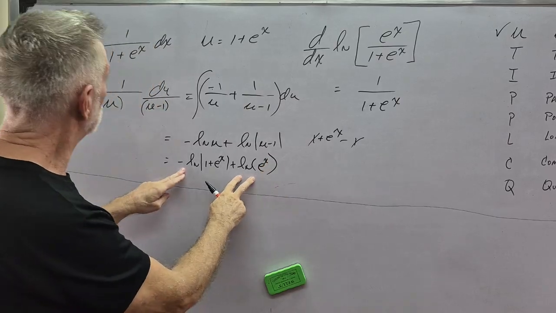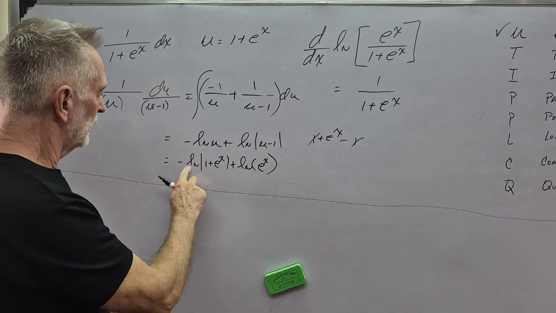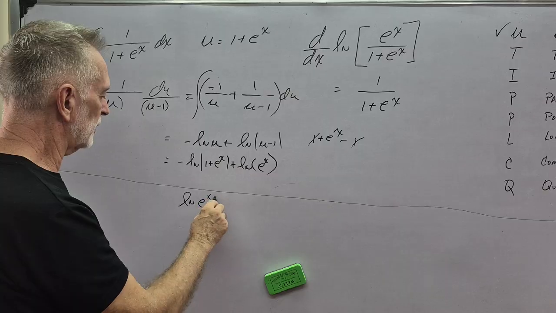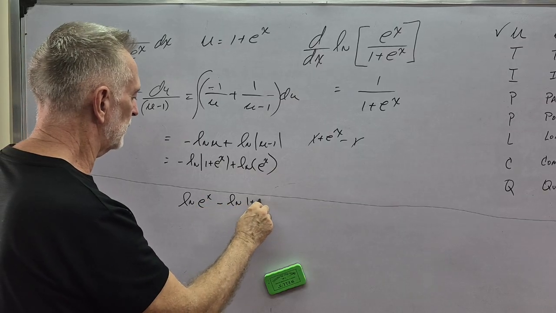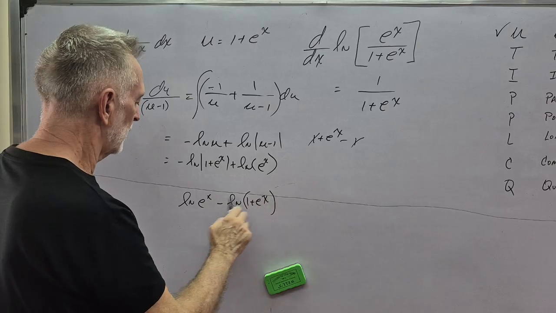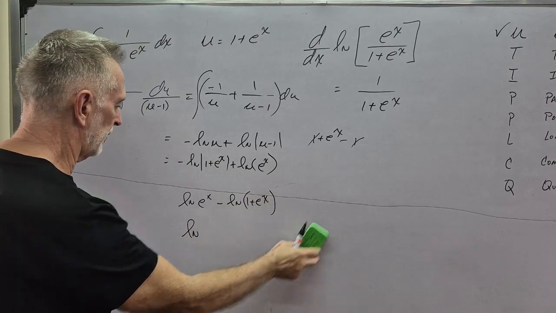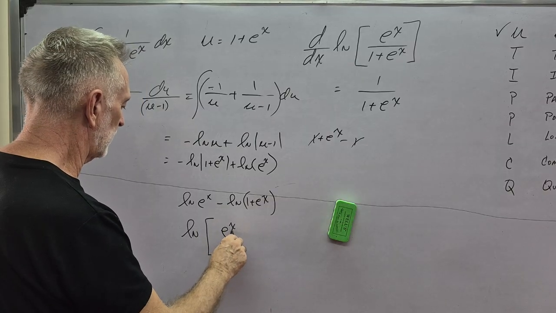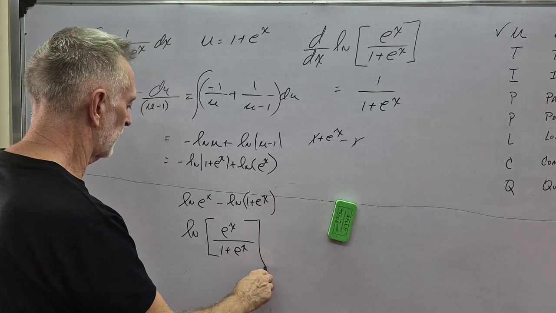Now again, we have the rule of natural logs. I can rewrite this as natural log of e to the x minus natural log of 1 plus e to the x, and I can rewrite the entire thing as natural log of e to the x over 1 plus e to the x.